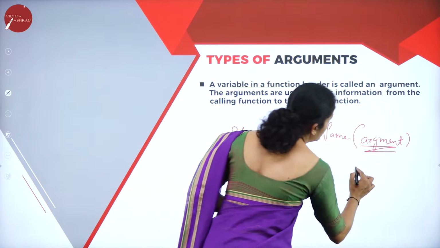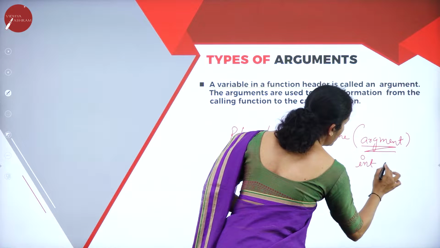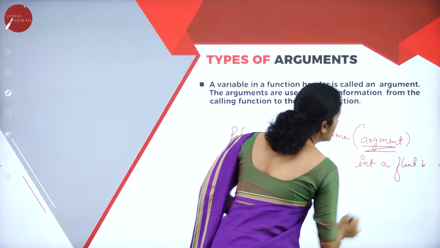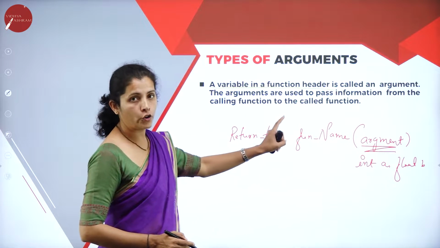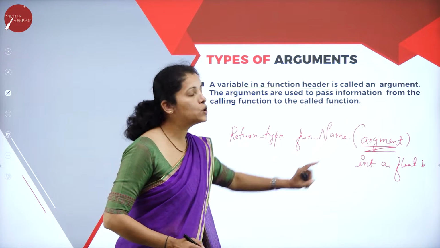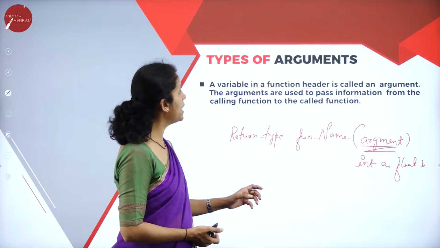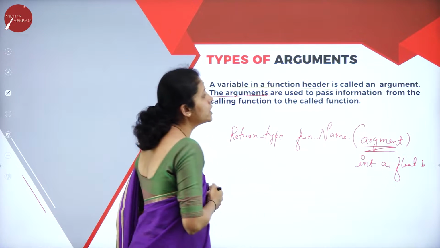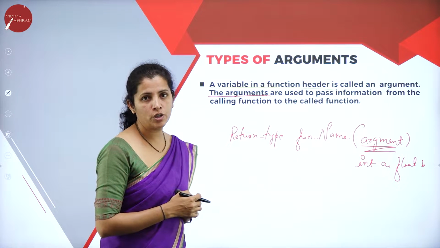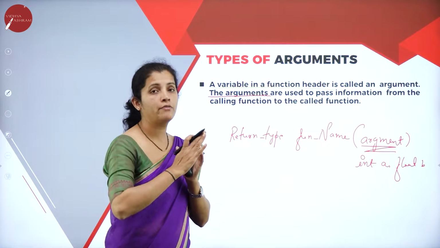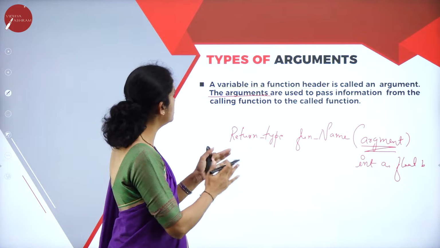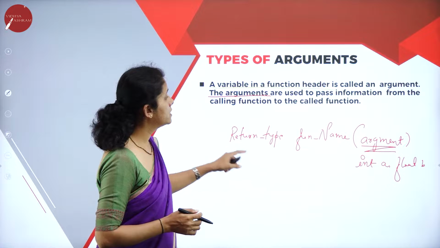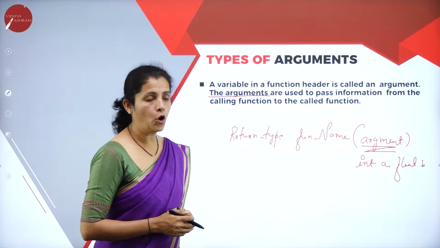For example, if I'm having int a, float b, these are examples of arguments, which I can find in my function header. The arguments are used to pass information. Suppose I want to pass information from the calling function to the called function, then I'm going to use the arguments.